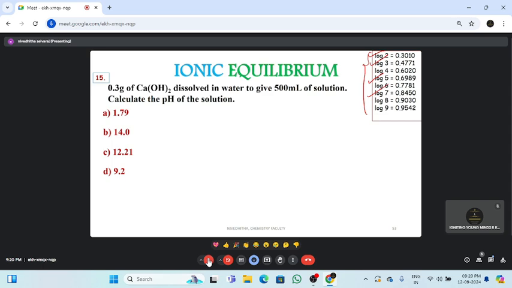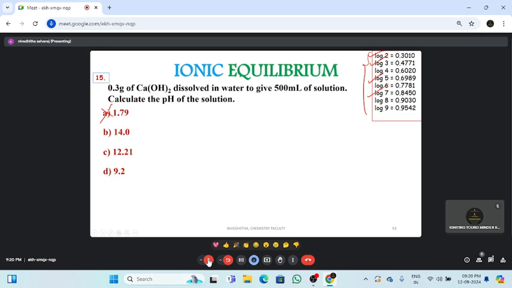Will the solution be acidic or basic? Calcium hydroxide is an acid or base? Base, ma'am. Then the pH will be greater than 7, right? So obviously the first option is ruled out.